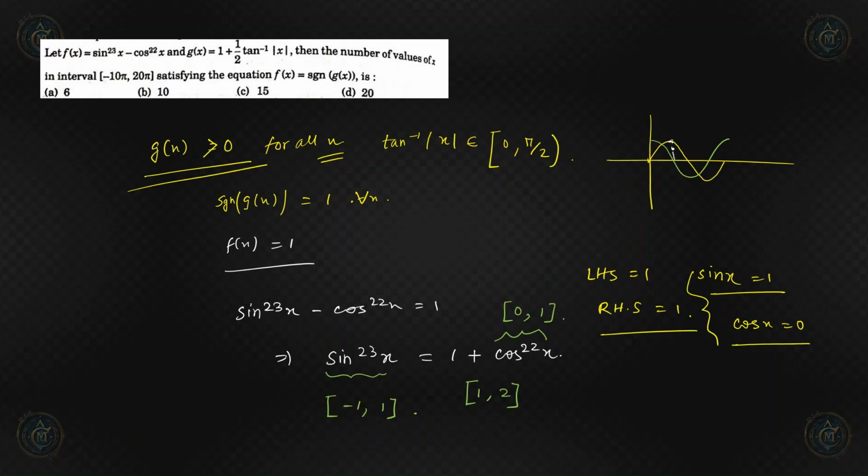At this point, sin x equals 1, so this is x equal to pi by 2. This is cos x equal to 0, so x equal to pi by 2. So we have one solution in closed 0 to 2 pi. That means we have how many solutions of this equation in this interval? We have a total of 15 times 1, which is 15 solutions. So option C will be our correct option.